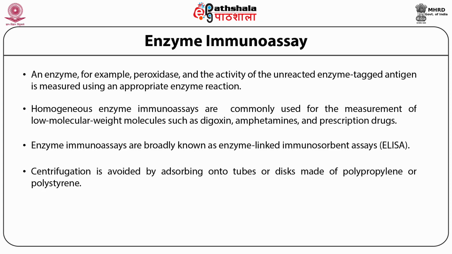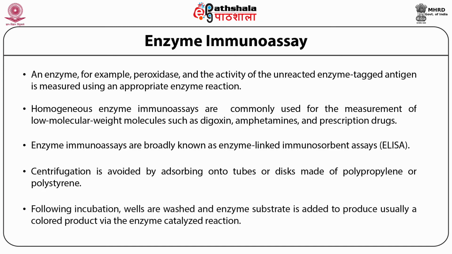In competitive binding ELISA, the antibody to the antigen analyte is adsorbed onto the solid phase, which occurs via hydrophobic interactions. Then a known amount of enzyme-labeled antigen is added along with the sample containing unlabeled antigen. Following incubation, the wells are washed and enzyme substrate is added to produce usually a colored product via the enzyme-catalyzed reaction.